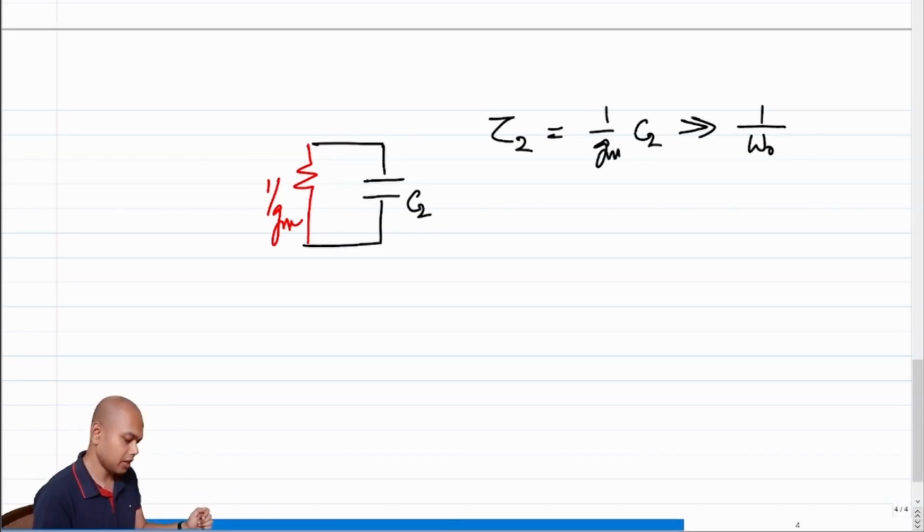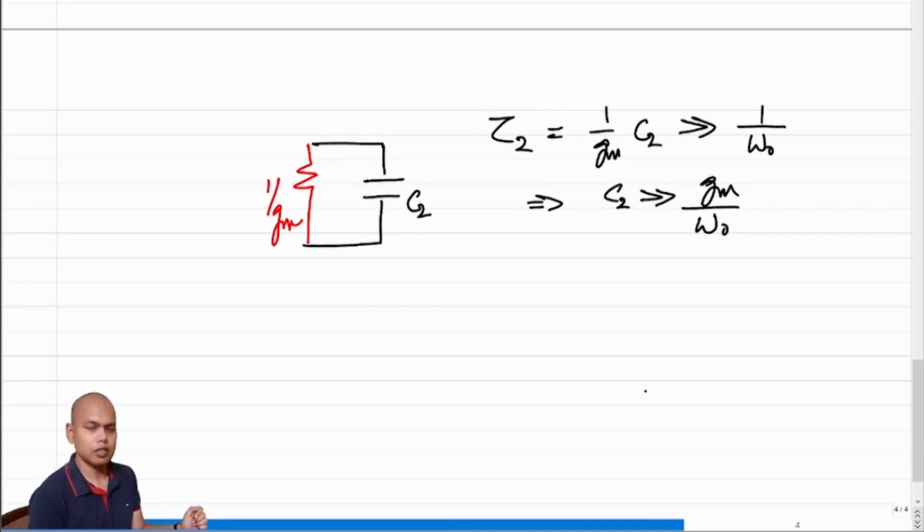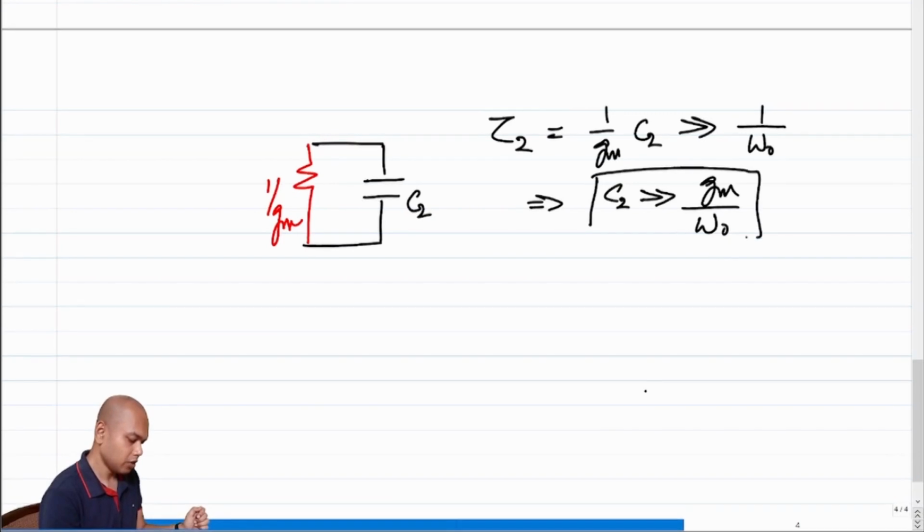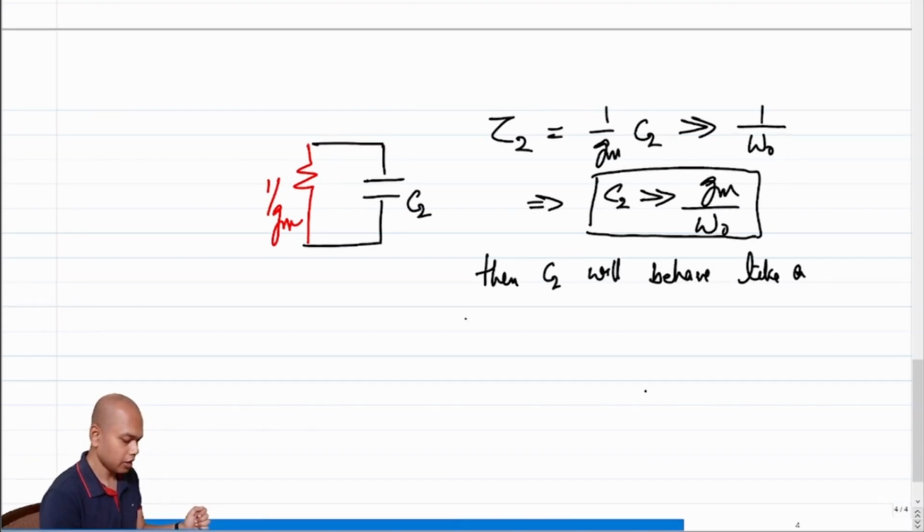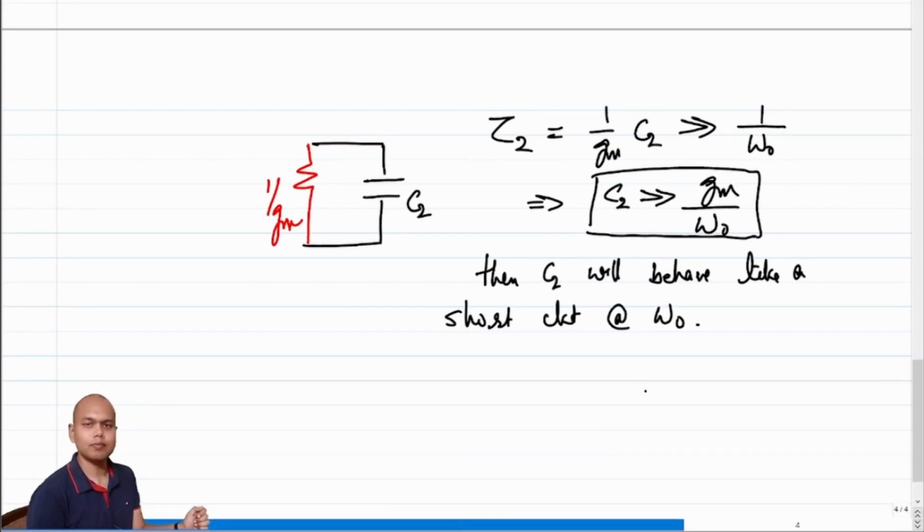Omega naught is in radians per second, which means that C2 has to be much greater than GM over omega naught, right? So if you can ensure this, then C2 will behave like a short circuit at omega naught, right?